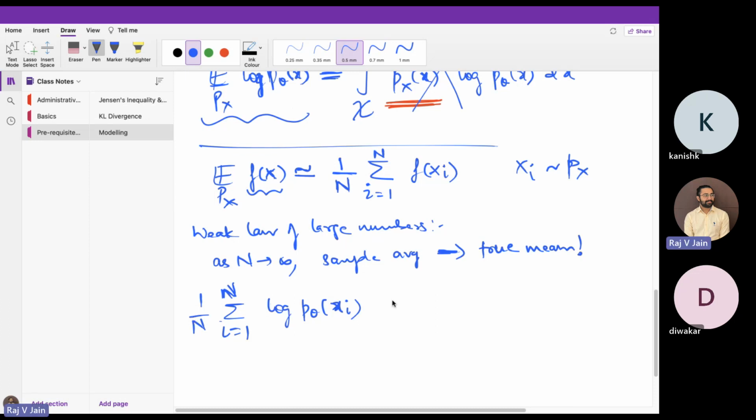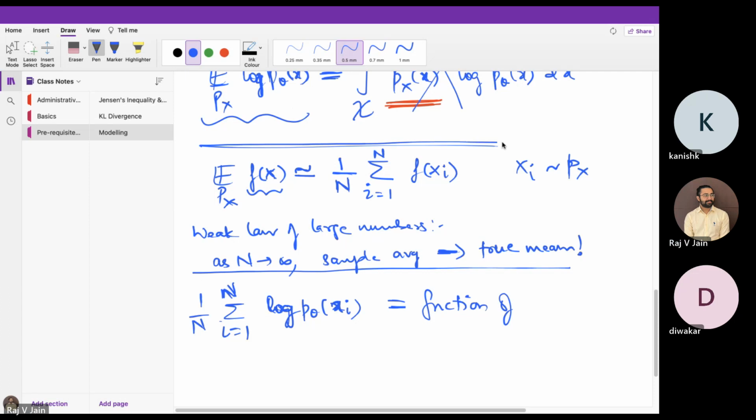Now this will be a function of, any thoughts? Function of what? It's going to be a function of theta.